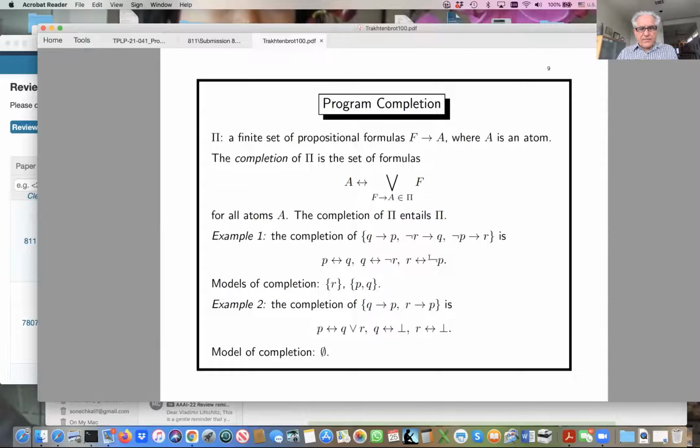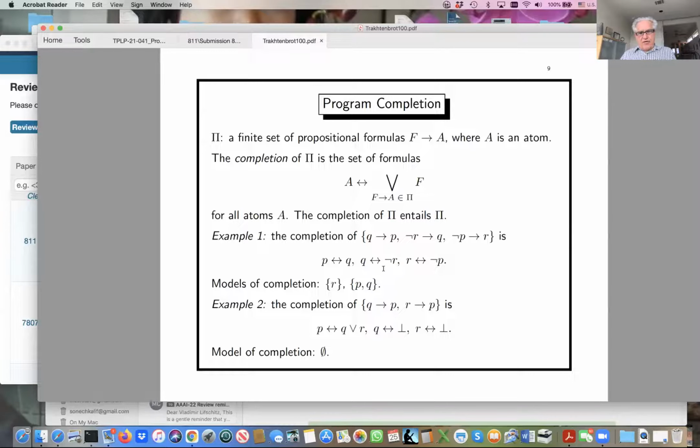Now let's look at two examples here. This is again the three formulas that you saw in the very first slide. And this is a particularly easy case for constructing completion, because here every atom is the consequent of exactly one implication. So each of these disjunctions in the right-hand side has a single disjunctive term. To form the completion, you simply replace all implication signs by equivalences.